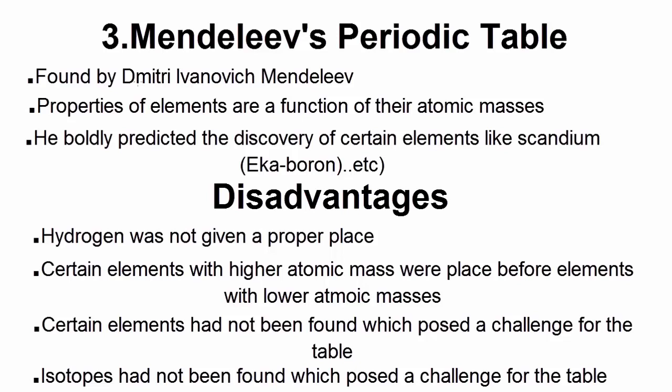However, even though his table had these demerits, he did actually predict 3 elements that would come, like you have, for instance, Eka boron, that's scandium, Eka aluminium, that's gallium, and Eka silicon, that's germanium. He actually predicted that these 3 elements would be found in the future and left space for them.